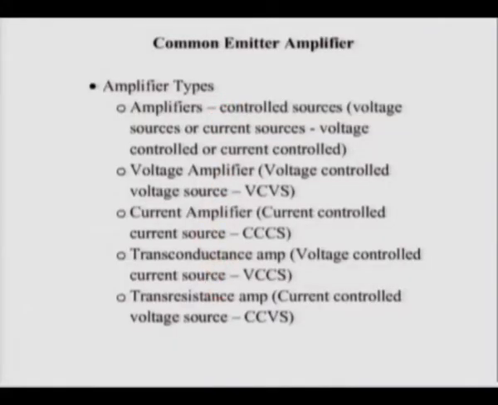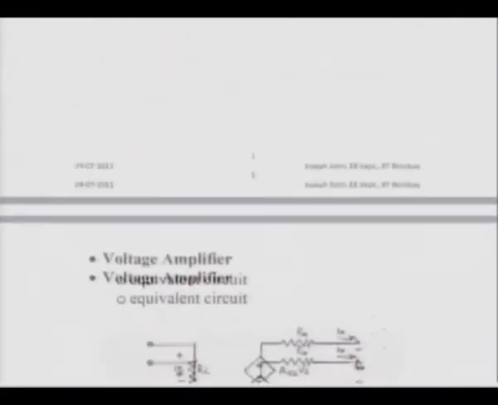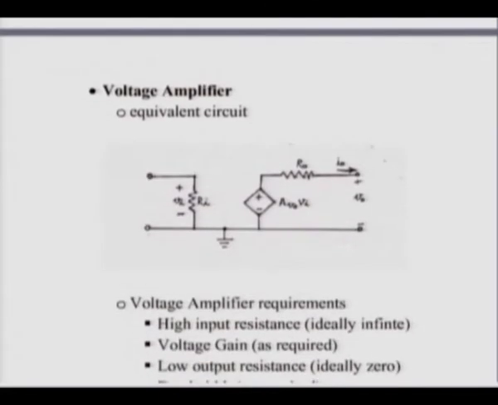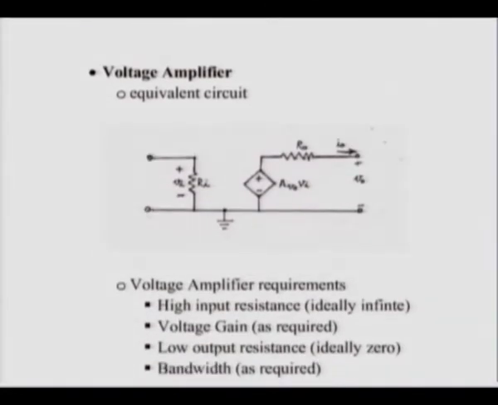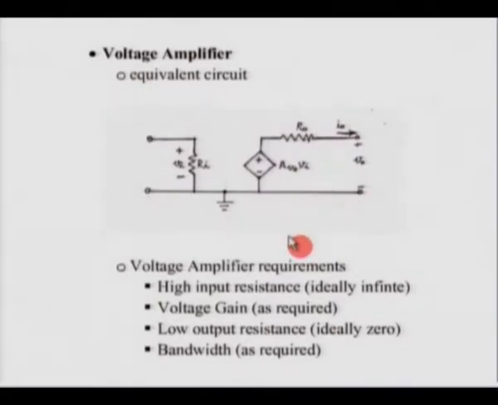We said there are actually 4 types of amplifiers, but the most commonly used amplifier is the voltage amplifier. Because we want to develop the entire signal voltage across the input resistance of the amplifier, we would like to have very high input resistance. Ideally, if we can keep Ri infinite, then the entire signal voltage would appear across the input resistance.